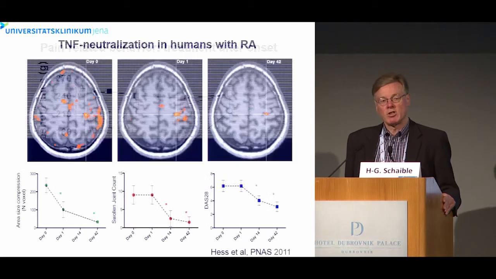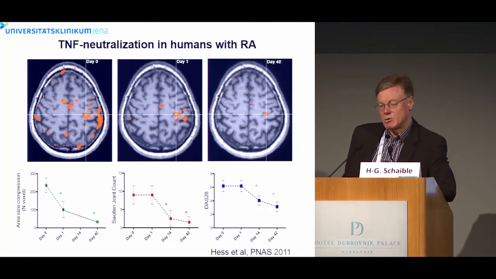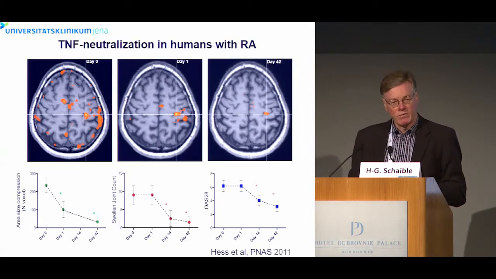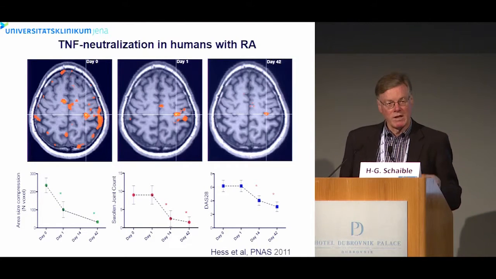And this has fortunately also been shown in humans. In a human study, they used TNF neutralization in patients with rheumatoid arthritis. And they found that within 1 day after application of infliximab, there was already a strong reduction of the pain response in these patients, although the inflammation in the joints stayed the same for a very long time. So a very rapid effect.